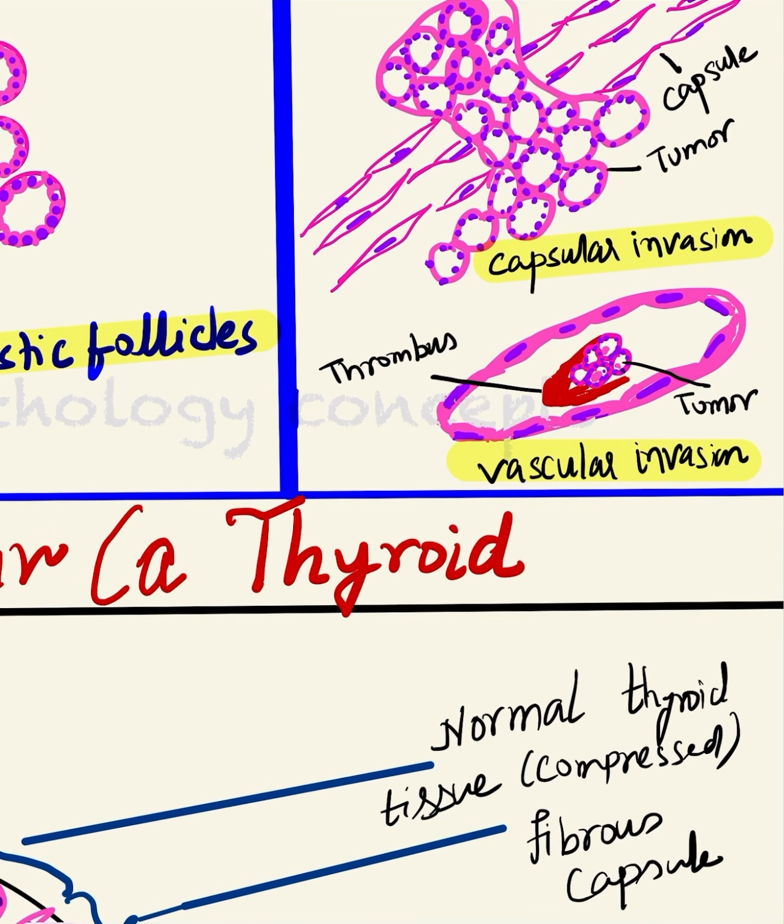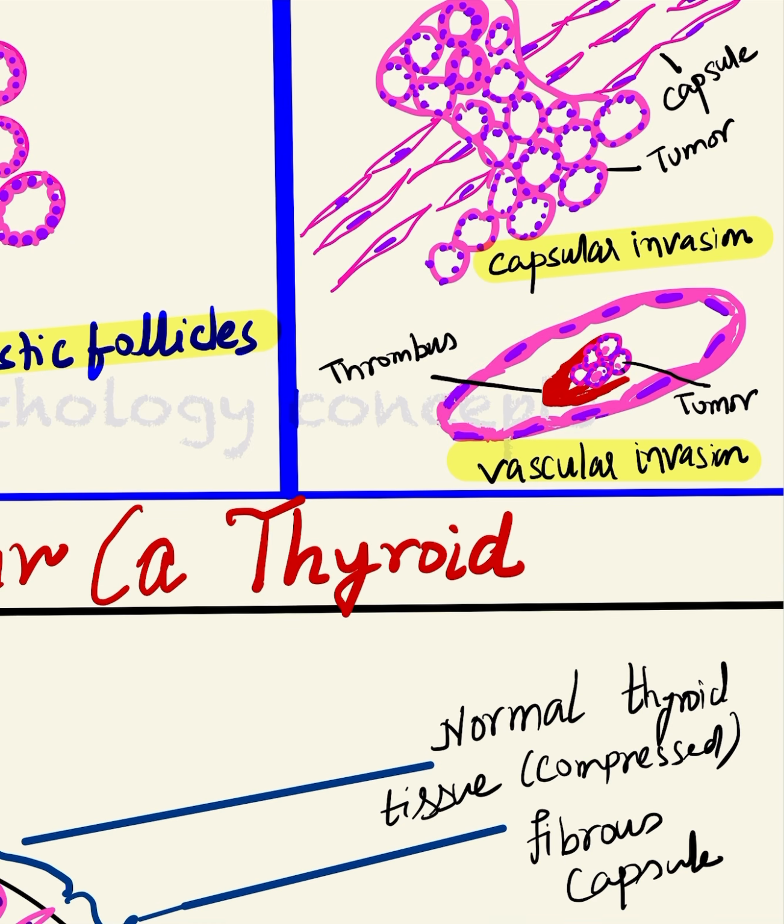The second important thing is vascular invasion. So you have to draw a blood vessel. In follicular carcinoma thyroid, vascular invasion is more commonly seen than lymphatic. Lymphatic invasion is seen in papillary carcinoma thyroid and vascular invasion is seen in follicular carcinoma thyroid. So you draw a blood vessel, a basement membrane, then the endothelial cells. Again, they are spindle shaped cells with elongated nuclei.